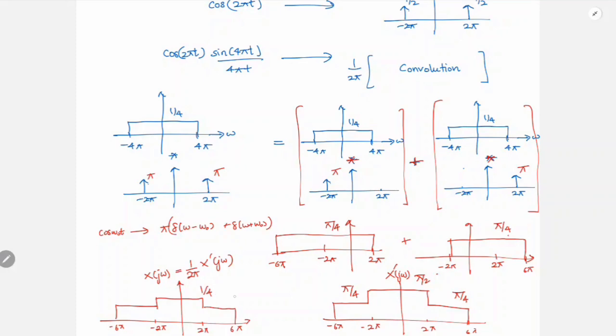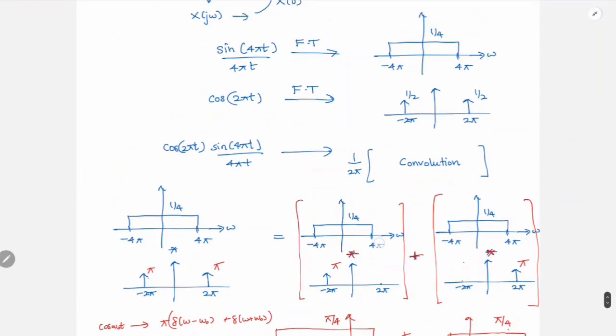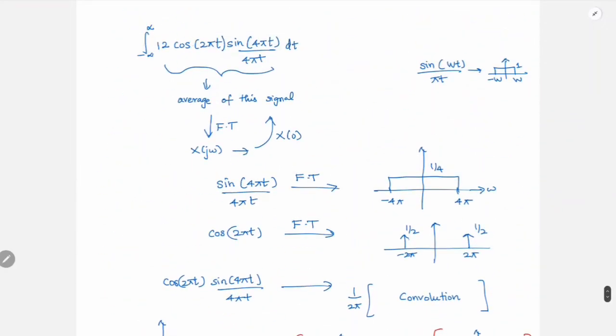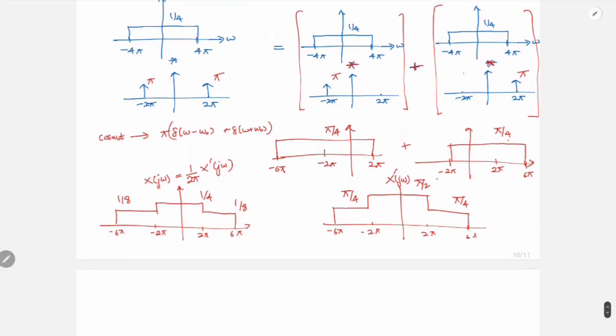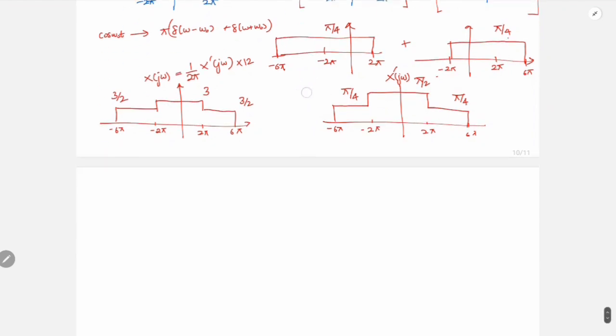So this will be 1 by 4 and these will be 1 by 8. Then my integral I can now find. Again, 12 is there, right? So this into 12. This will be 3, 1.5 or 1, 3 by 2, 3 by 2.